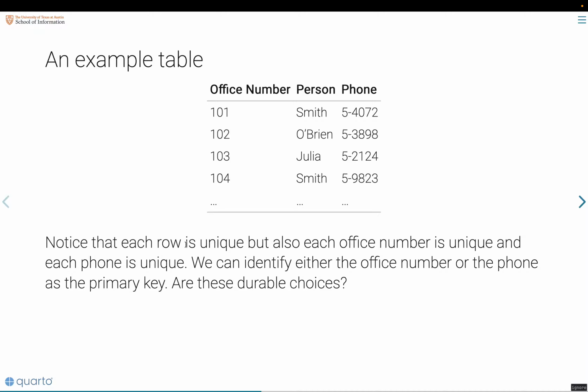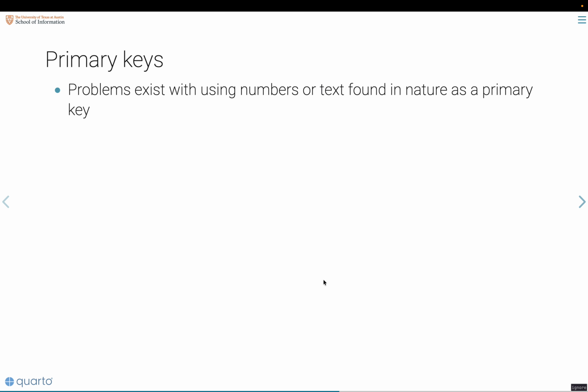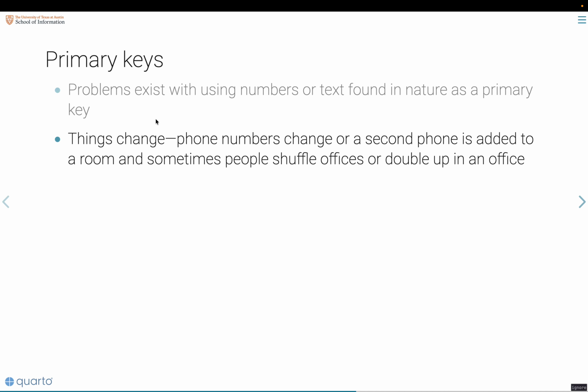In any event, every row here is unique, but also every office number is unique and every phone is unique. So we can identify either the office number or the phone as the primary key. But are these durable choices? Problems exist with using numbers or text found in nature as a primary key. Things change.